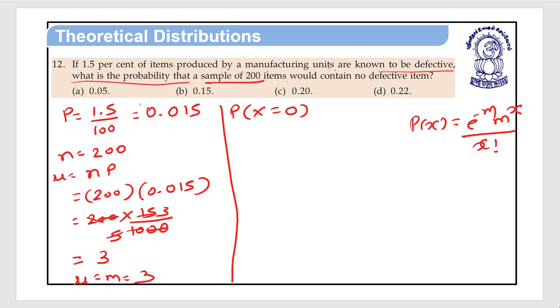So P of X equal to 0 is e raised to minus 3 into 3 raised to 0 upon 0 factorial.